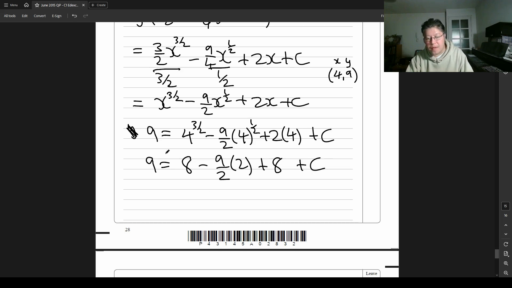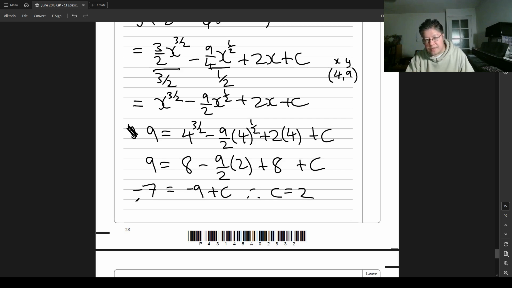c. So let's bring the 8 and the 8 over. So 8 plus 8 is 16, and then 9 minus 16 is minus 7. And then 9 halves times 2 is a 9, so that's minus 9 plus c. Therefore, if we add the 9 over, we get c equals 2.